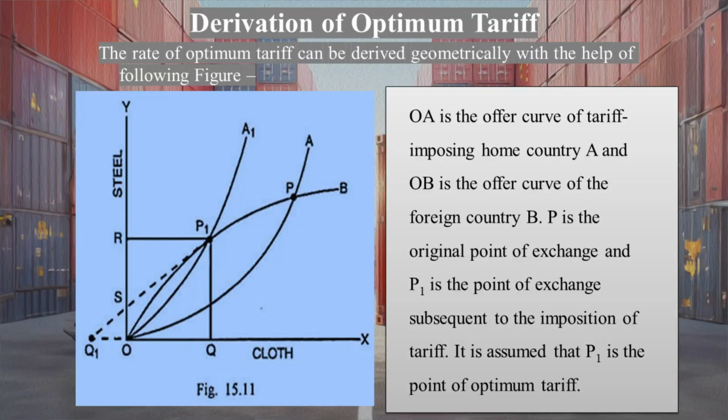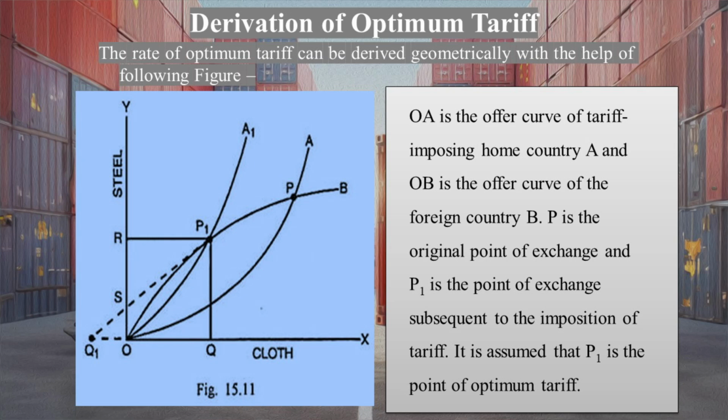With this particular formula, the optimum level of tariff can be determined with the help of this diagram again. OA is the offer curve of the tariff-imposing home country A, and OB is the offer curve of the foreign country B. Now look at this diagram.